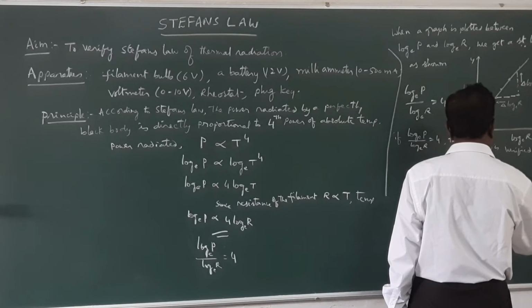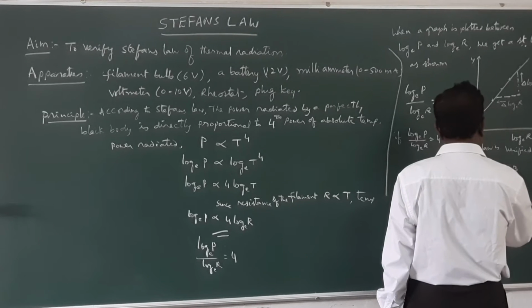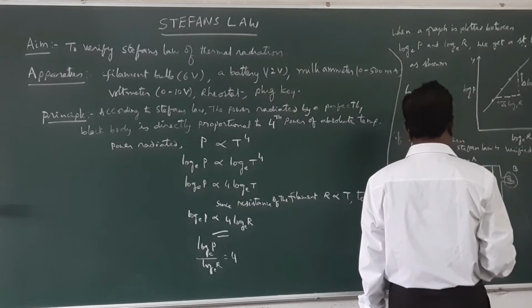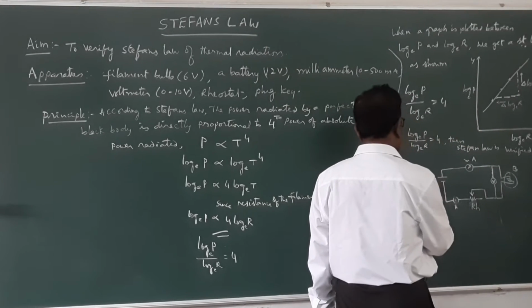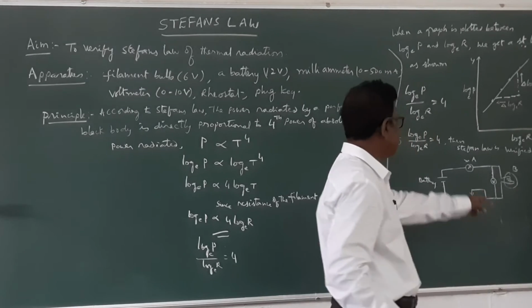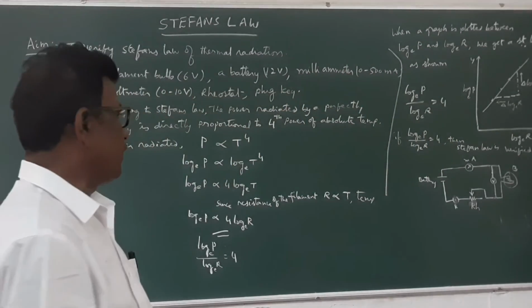This is the filament bulb B, and to this a voltmeter is connected across the bulb. This is the battery. So these are the circuit connections that have to be made.